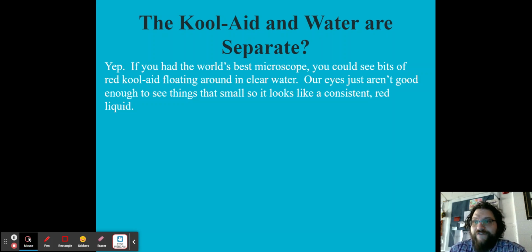And here's a funny story. Last year, my students were convinced that that could not happen. So I put some Kool-Aid in water, and then I put it on a burner, and I let it boil and boil and boil. And pretty much the exact moment that all the water was gone, and we were left with just the Kool-Aid, I forgot what happens, and that's sugar burns quite easily.